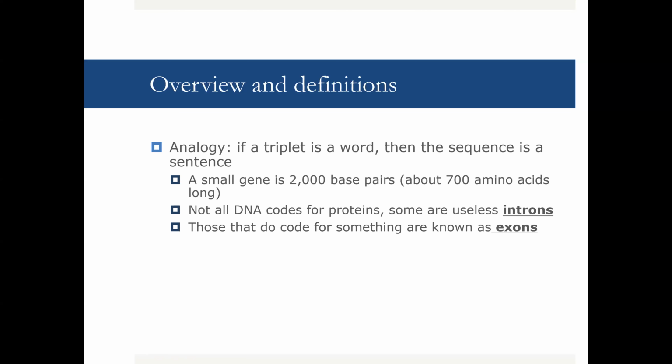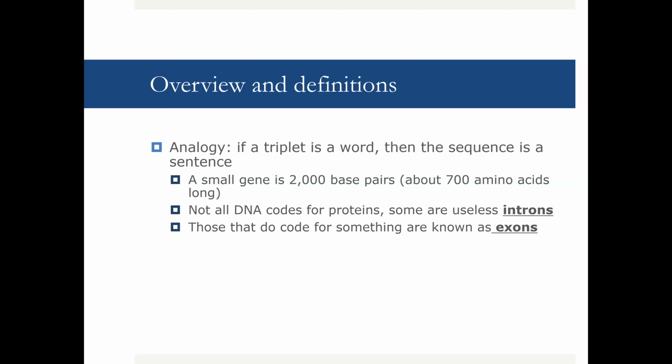Not all DNA codes for proteins. Some are useless introns, and some that do code for something are called exons. So we have portions of the DNA that do not code for proteins, okay? Those are called introns. So they would be a sequence that's not coding for a protein, so there wouldn't be an amino acid added in there.